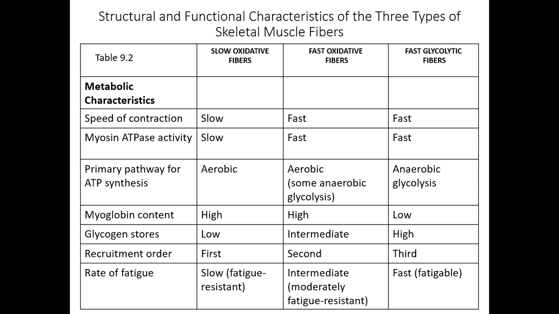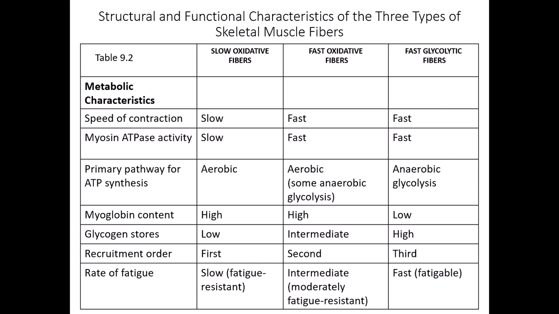The first is either fast or slow, and then the second is either oxidative or glycolytic. The fast or slow is describing the speed of contraction. And the second term, oxidative or glycolytic, is talking about the pathway of ATP formation. So that's how we get those names. And so you can see some of the differences here.